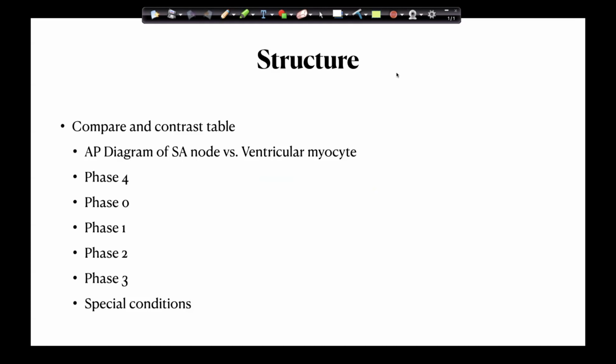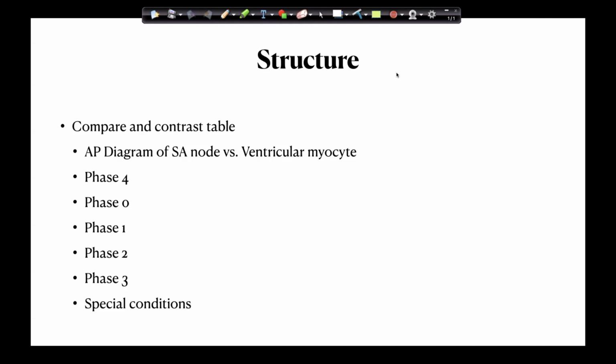All right, so we're going to have a structure for this answer. The way I would structure it is with a compare and contrast table, split into 3 columns. The first column will describe phase 4, phase 0, phase 1, phase 2, phase 3, and some special conditions.